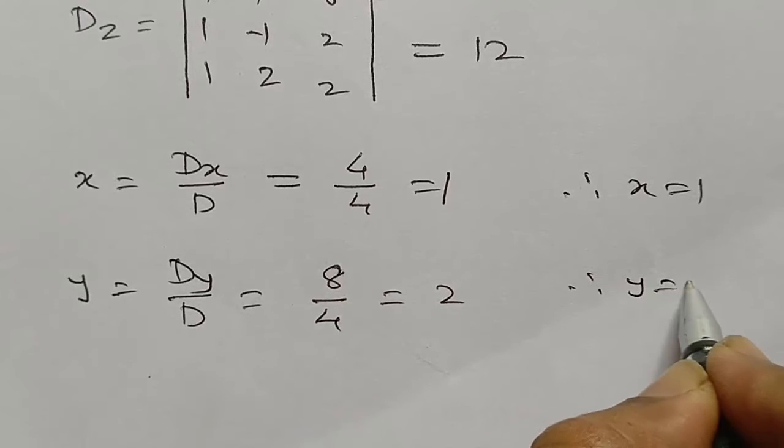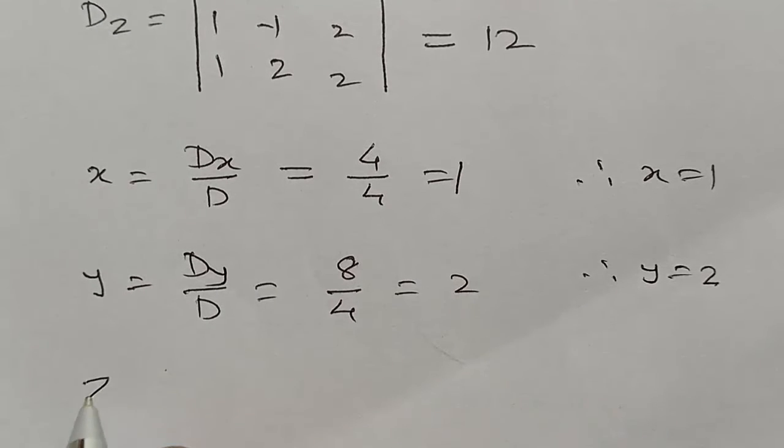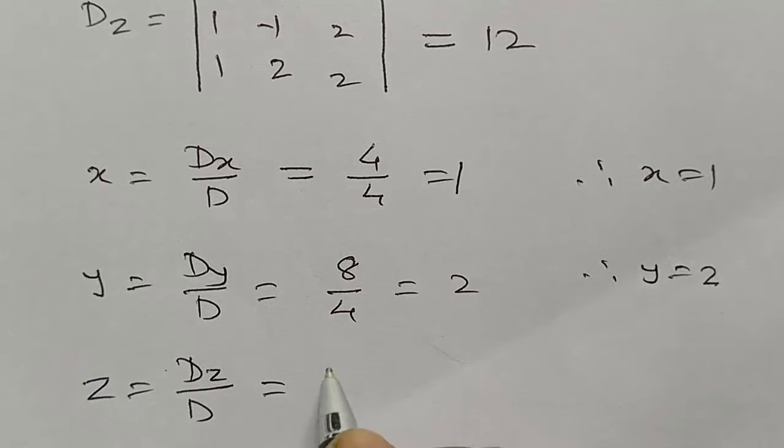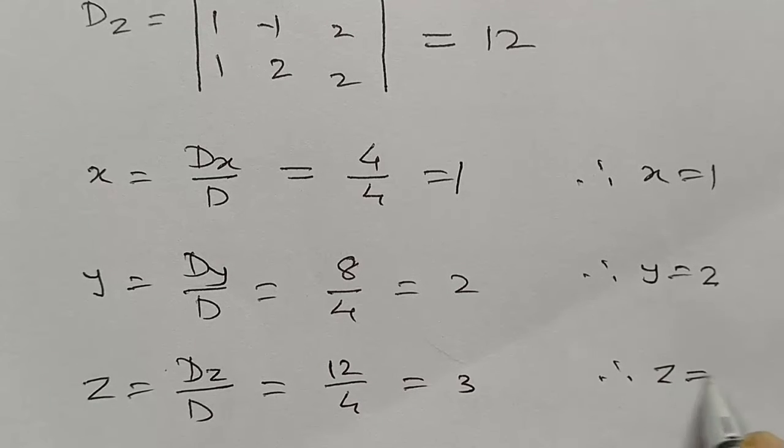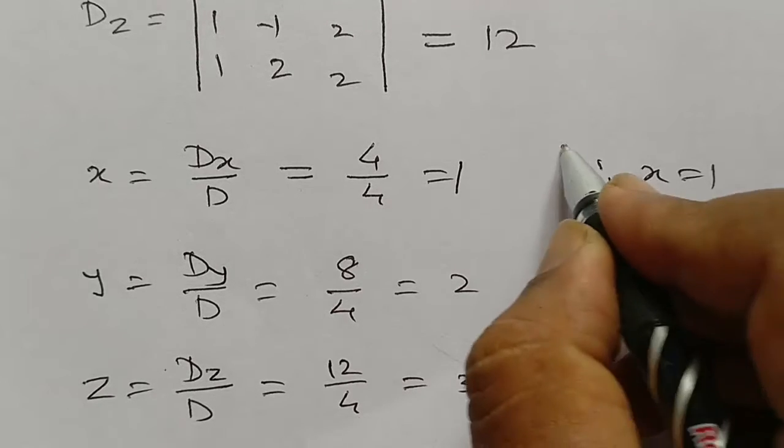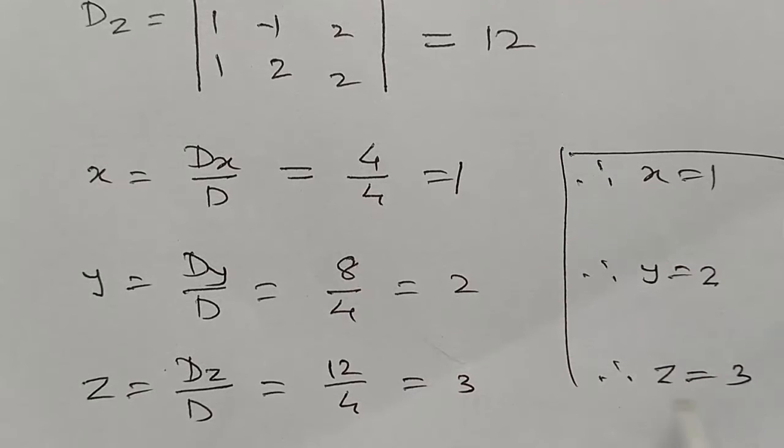Therefore, y is equal to 2. Z is equal to Dz upon D. It is equal to 12 upon 4. So this is 3. Therefore, z is equal to 3. So this is the value of x, y, z.